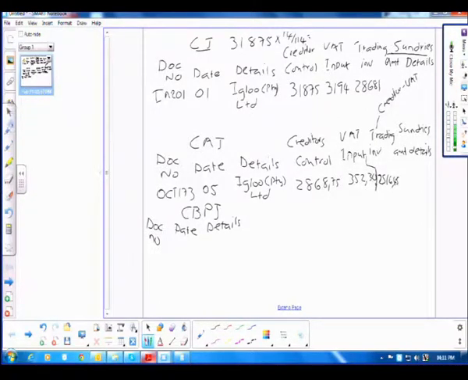all right, and then you're going to have bank, all right, and then you'll have creditors. You have trading inventory. You're going to have VAT. It's going to be VAT input, because we say VAT input is when you are paying or buying.